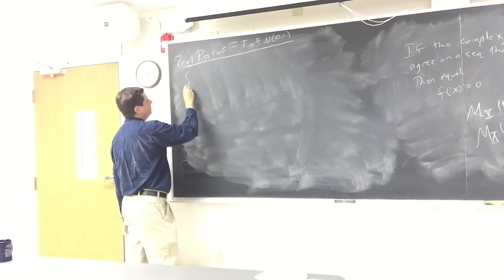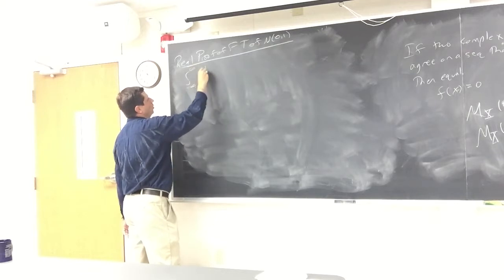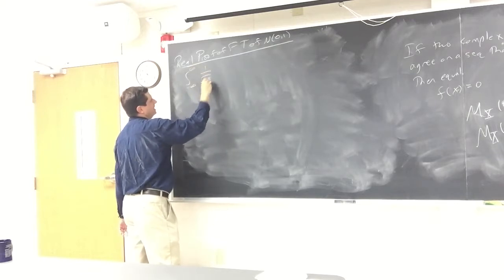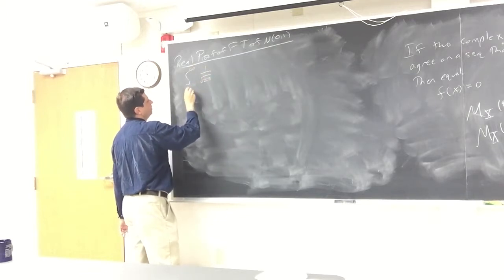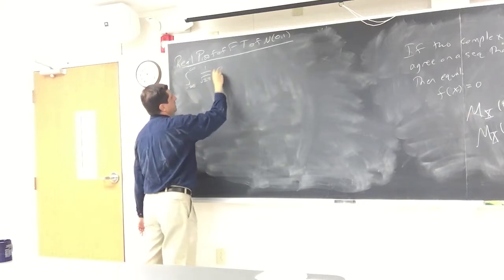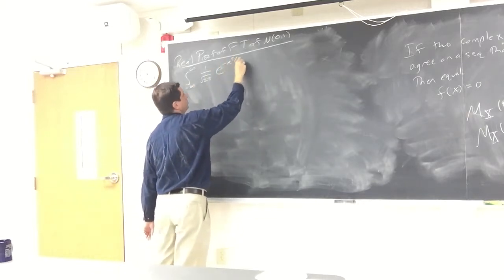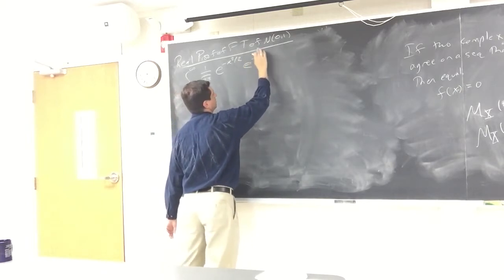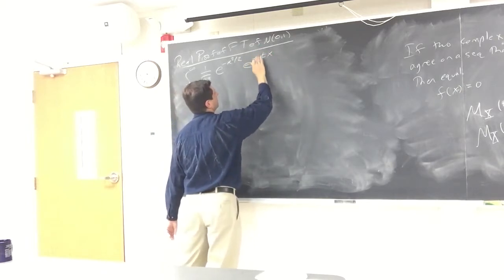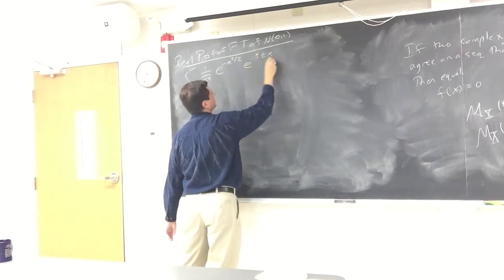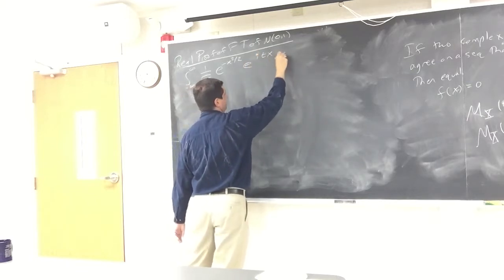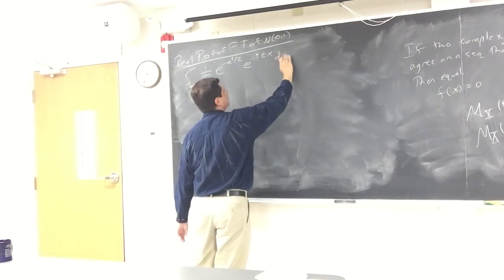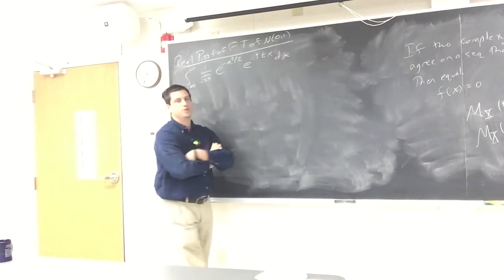So let's integrate from minus infinity to infinity, 1 over square root of 2 pi, e to the negative x squared over 2, e to the itx, dx. So this is not quite the Fourier transform.